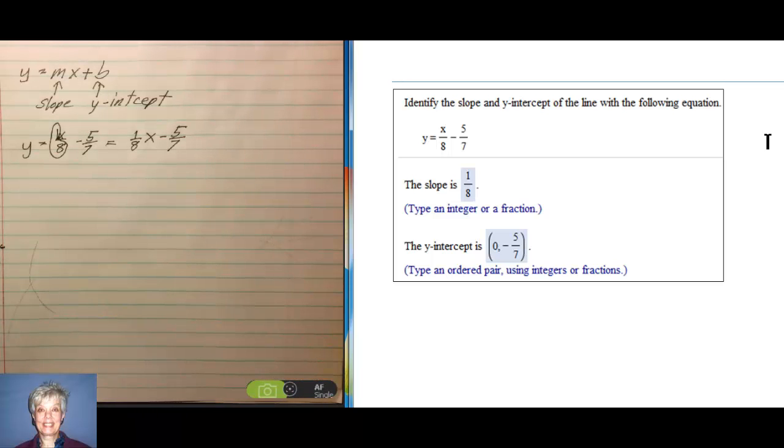Now you can see that the slope is 1/8 and the y-intercept is (0, -5/7). Remember, you always write the y-intercept as a point, not just -5/7, but parentheses 0, comma, -5/7.